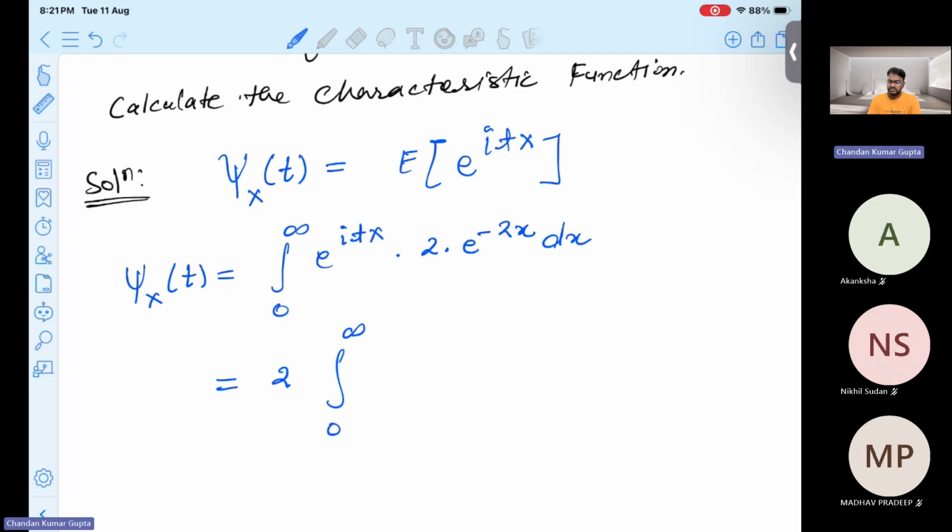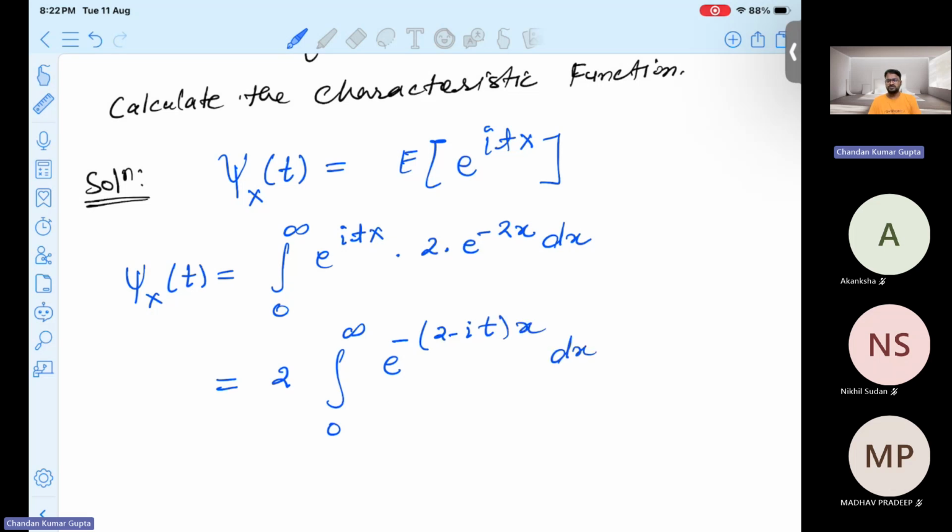So it will be e to the power itx and e to the power minus 2x. If I take minus x as common, it will be 2 minus it.